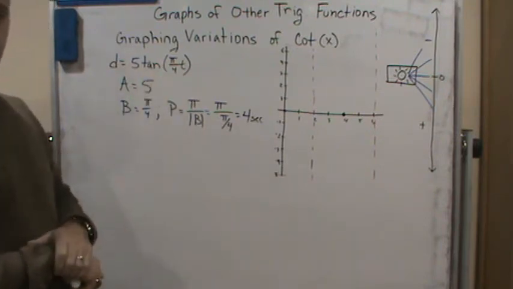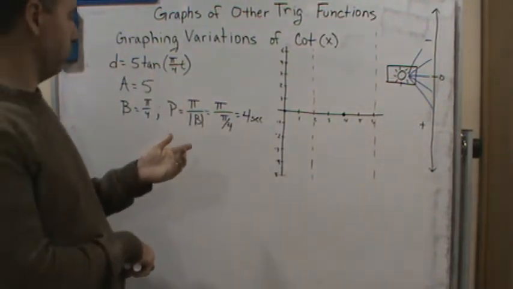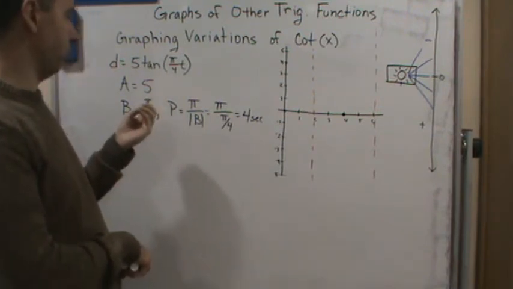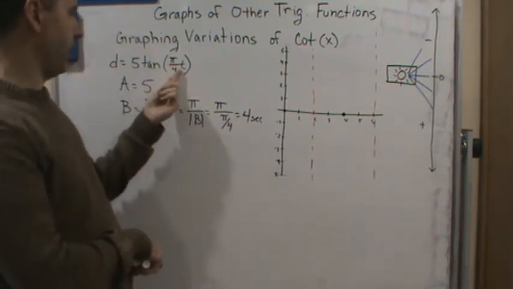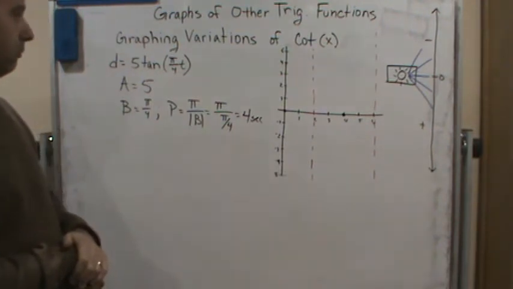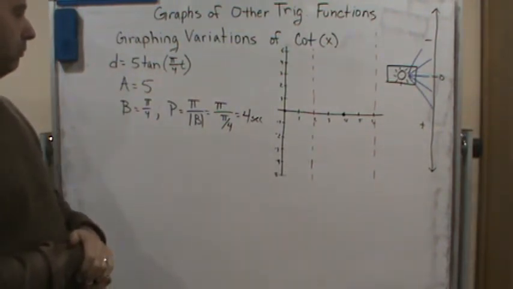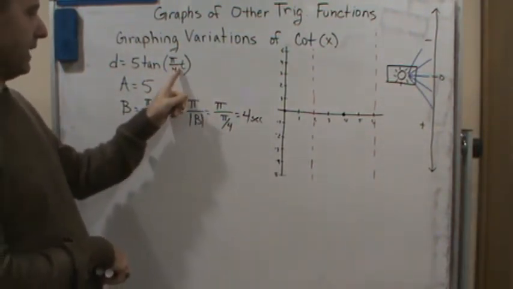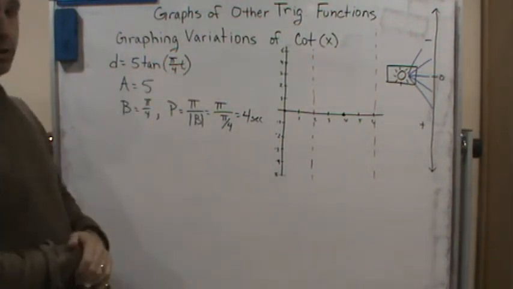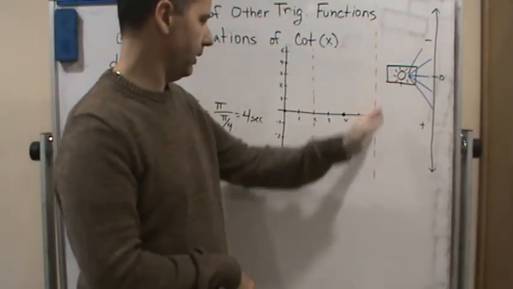The next one is going to be 3 pi over 2. How do I get 3 pi over 2? Well, if t is 6, then I get 3 pi over 2, and I got my other asymptote.